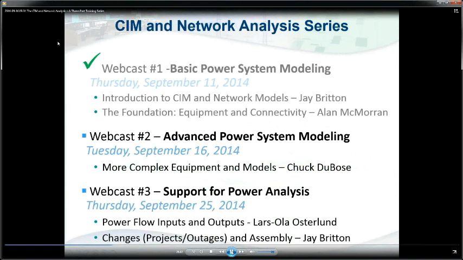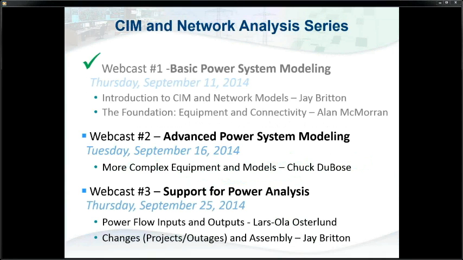I'd like to overview our series here. Last week, Jay and Alan talked about the basics of power system modeling using the CIM. Jay talked about the 5 big facts of network modeling, and he presented the anatomy of power flow data through the eyes of the CIM. Then Alan shared information about how the CIM models equipment and connectivity, which are the foundational part of network model data.